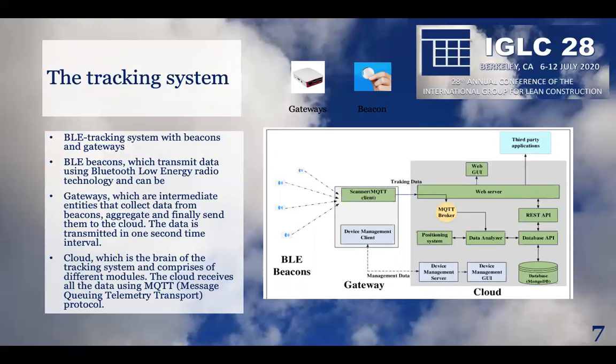The data are transmitted in approximately 1 second time intervals. And the third one is the cloud, which is the brain of the tracking system and comprises different modules. The cloud receives all the data using MQTT, message queuing telemetry transport.